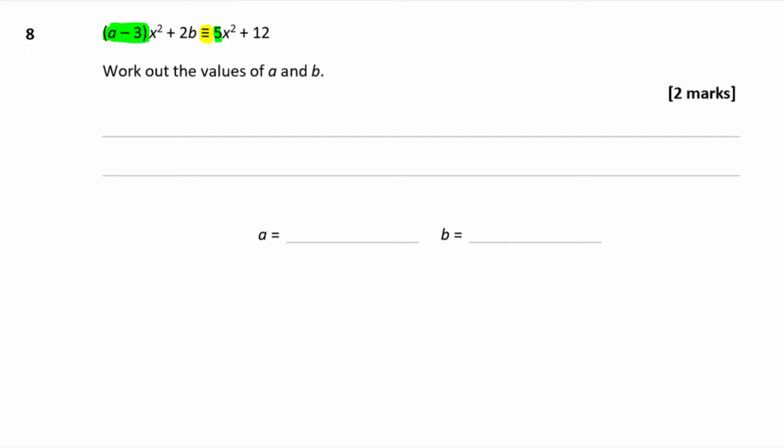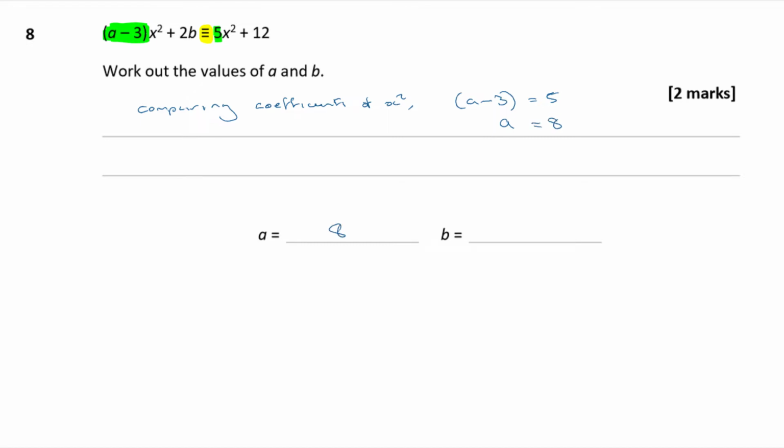Okay, so comparing coefficients of x squared, that gives us a minus 3 is equal to 5. Okay, so rearranging for a, that's pretty simple, isn't it? Then a is equal to 8, so that's a.